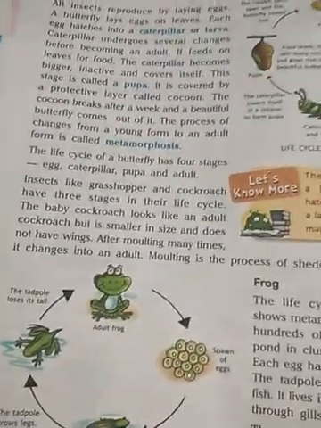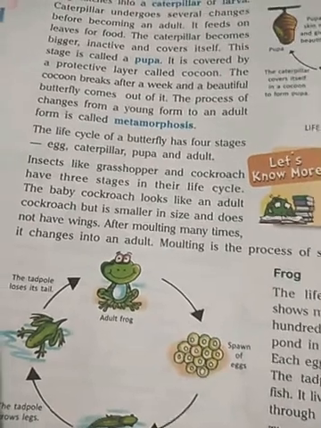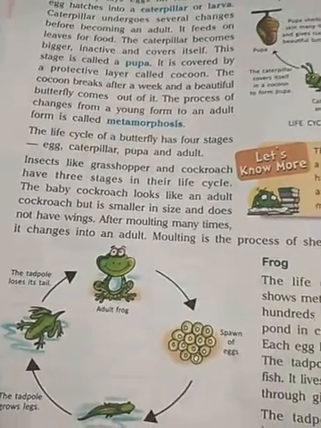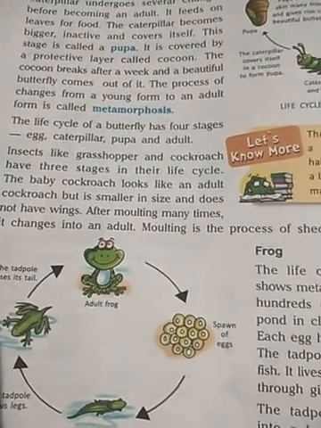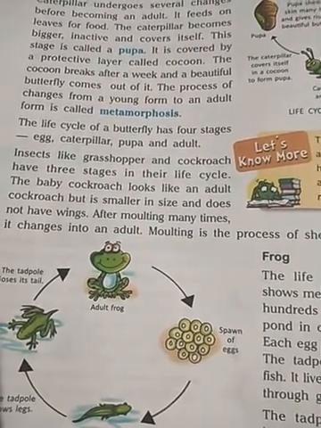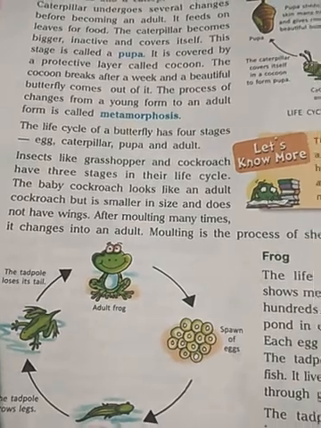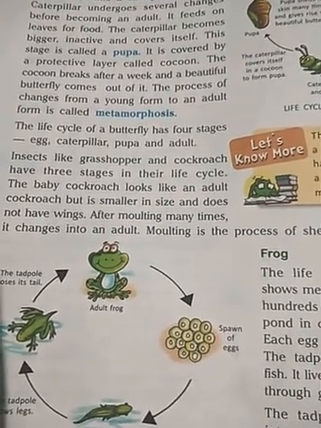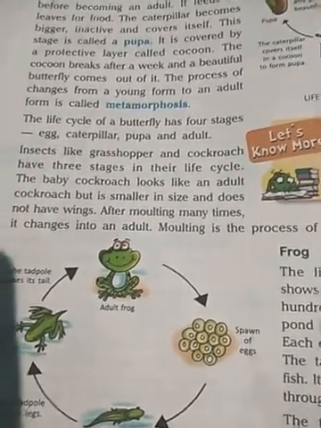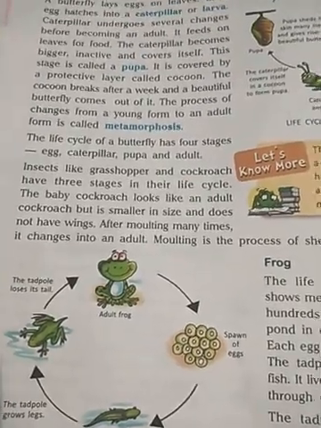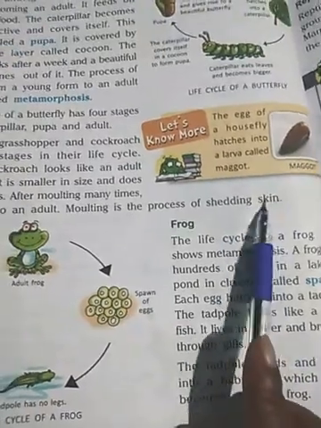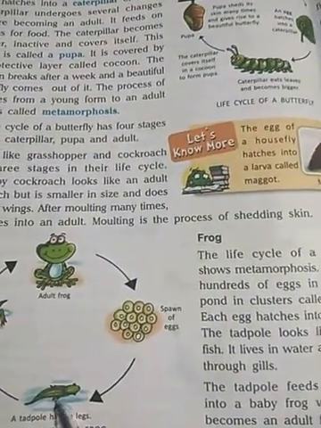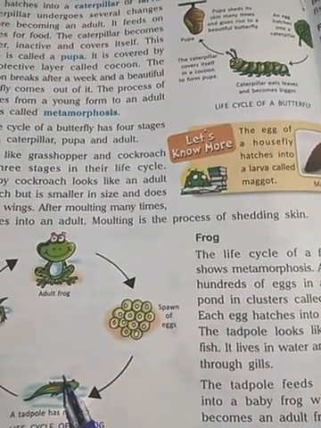You must have seen this baby cockroach while cleaning your houses, roaming inside the kitchen, right? But they are smaller in size, they do not have wings, and they cannot fly. After molting several times, it becomes an adult. Molting is the process of shedding skin, meaning losing the outer covering of the body.